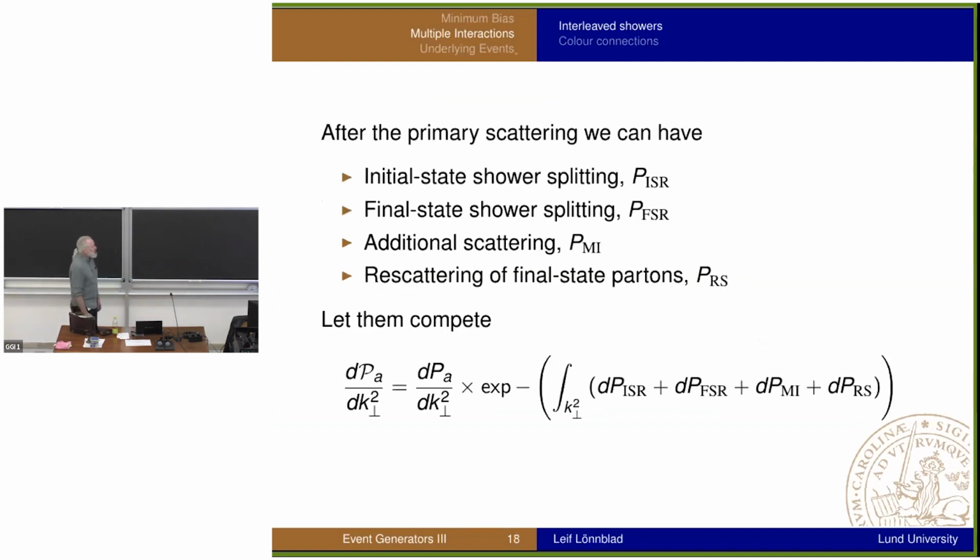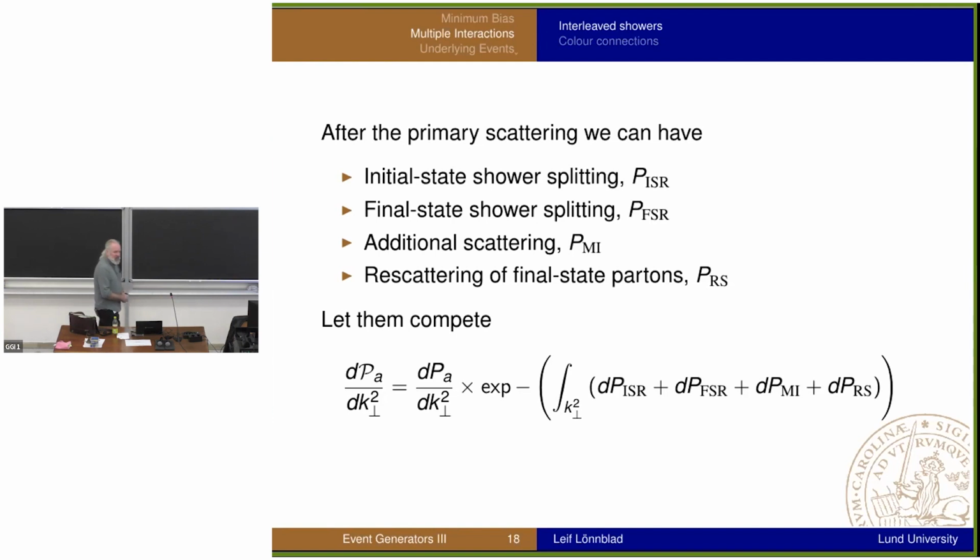And this is what it looks like. So you have the primary scattering. This is the one that we generate with the full PDFs, and then we calculate this impact parameter and we get this overlap function. So after this scattering, we start the shower process. We can have an initial state shower splitting, we can have final state shower splitting, but we can also have an additional multiple interaction.